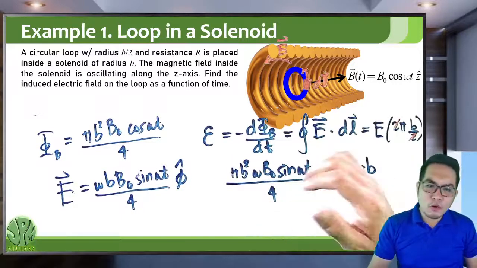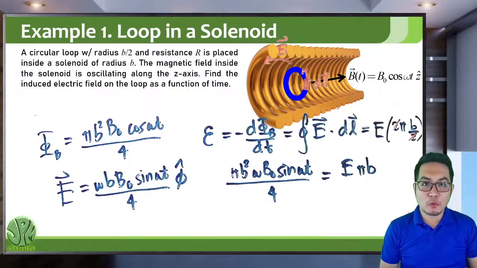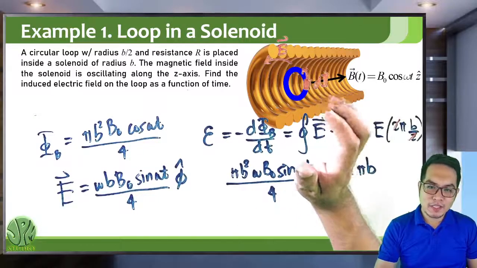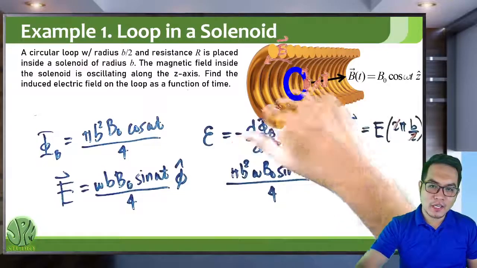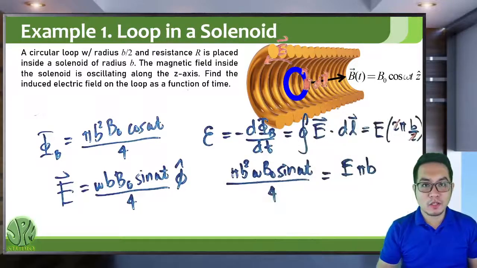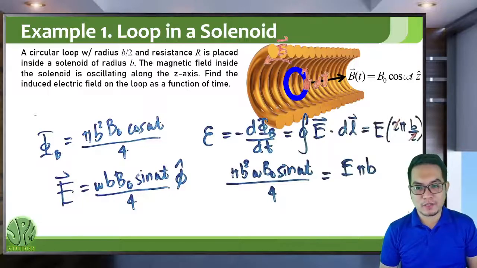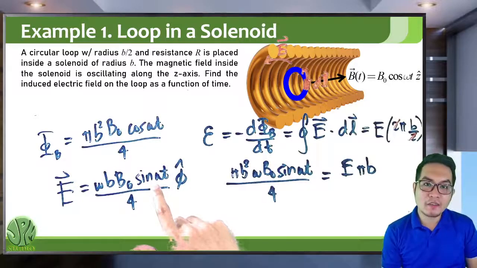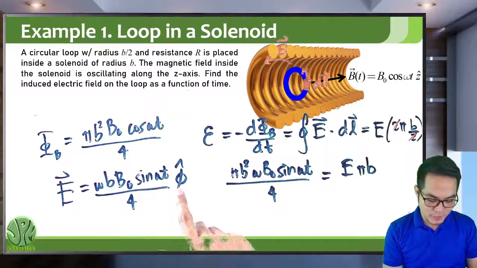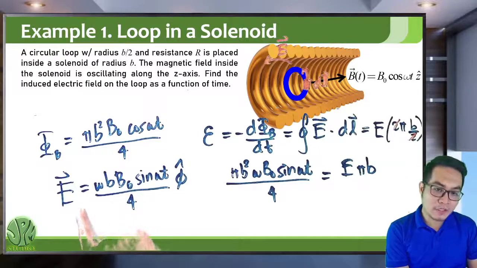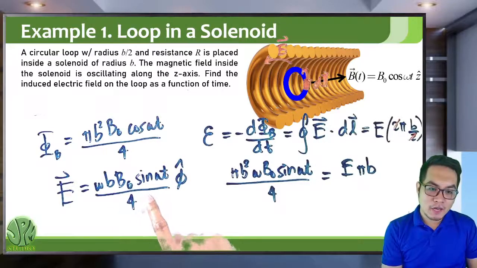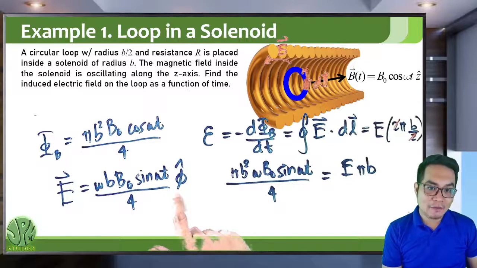Actually, it will also oscillate. It will alternate, meaning at one point its direction is counterclockwise. At another point its direction will be clockwise, because sine omega t can have positive and negative values, meaning the direction of this electric field is phi hat and negative phi hat.